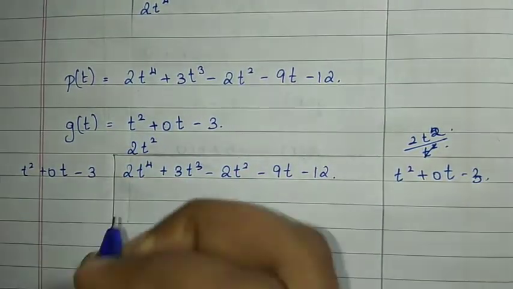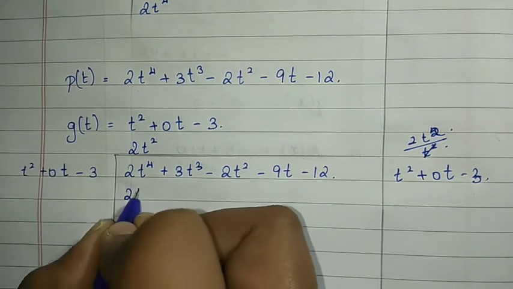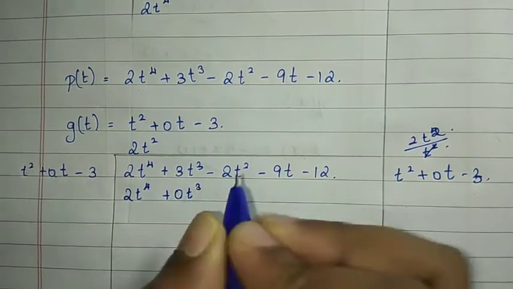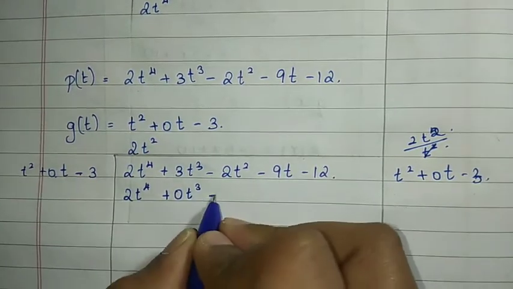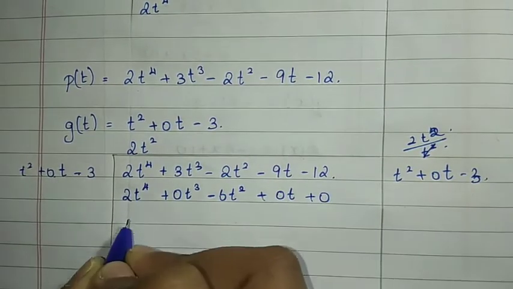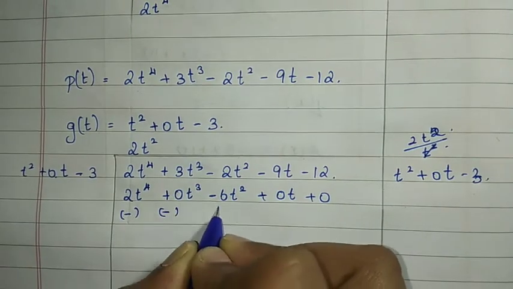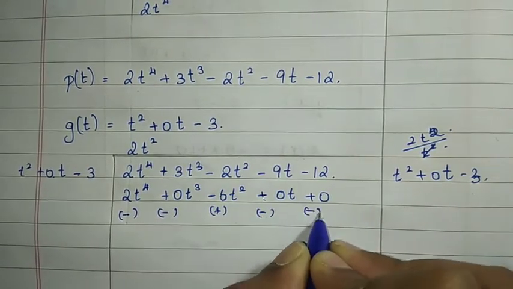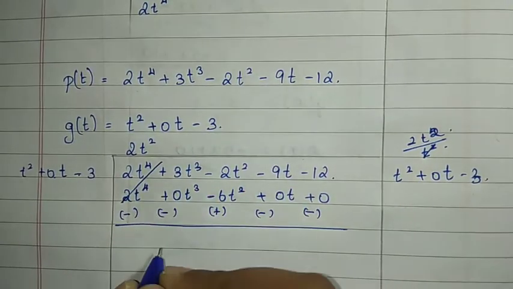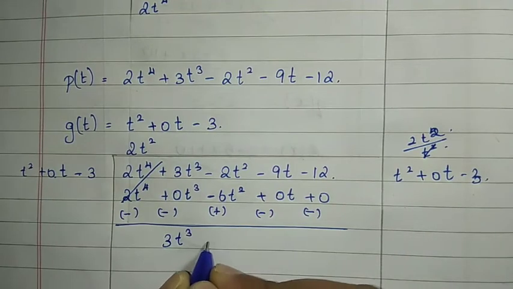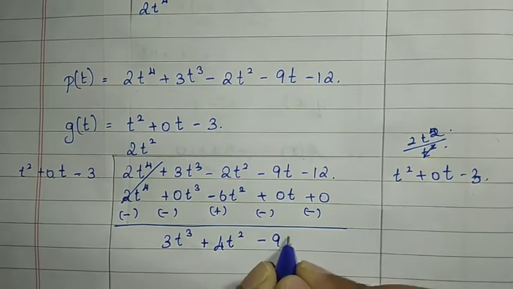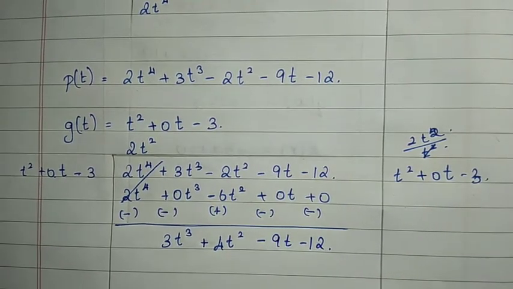So 2t square into t square, it is 2t power 4, and 0 into something is 0t cube, and here minus 6t square plus 0t plus 0. So I will be changing the signs, no? Plus minus minus. So this term will get cancelled, and this, as it is, 3t cube plus 4t square minus 9t minus 12.